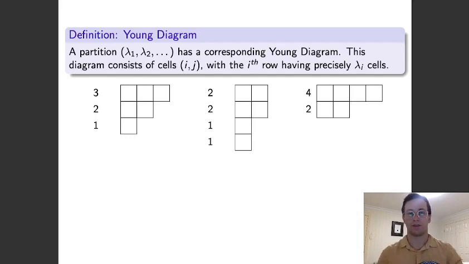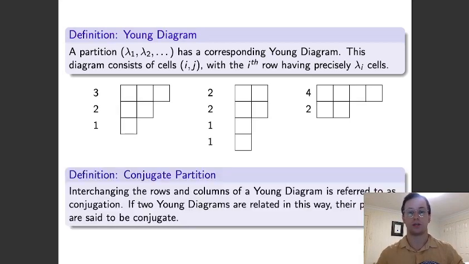Similarly here, I have the shape or the Young diagram for the partition 2, 2, 1, 1 and the partition for 2. Now, the partition 2, 2, 1, 1 and the partition for 2 are what we refer to as conjugate partitions. This is because interchanging the rows and columns of their Young diagrams will flip back and forth between each other.